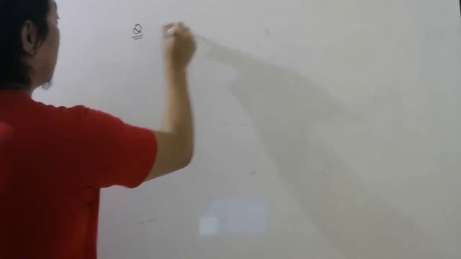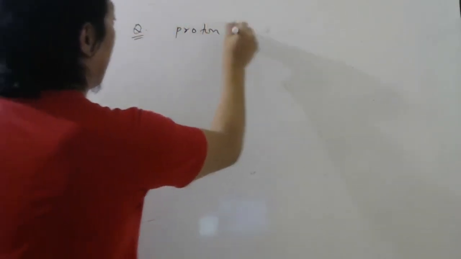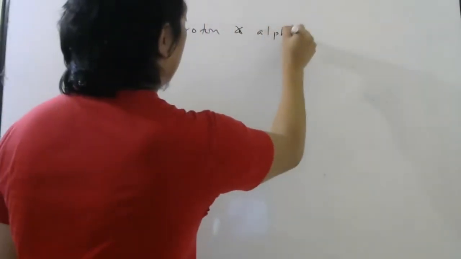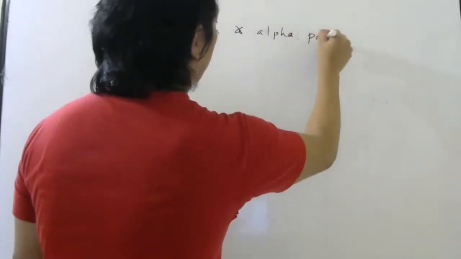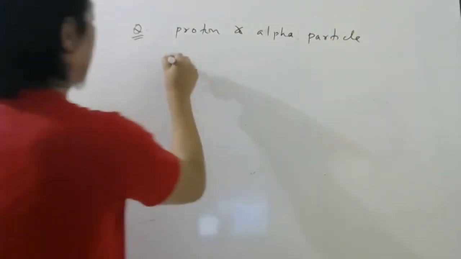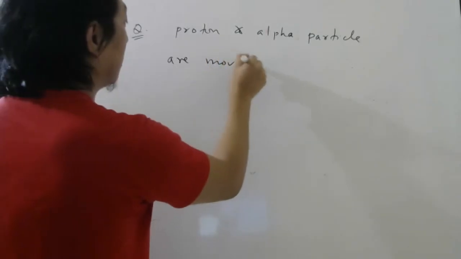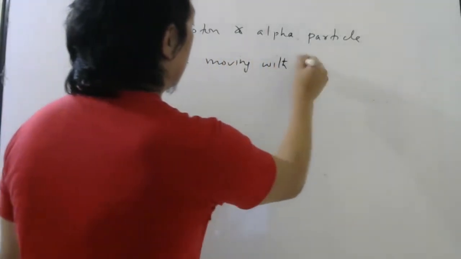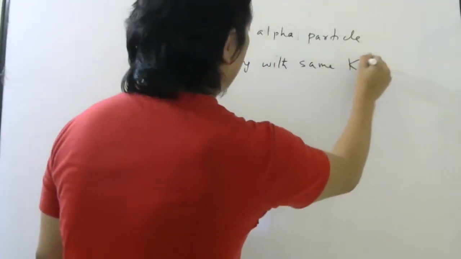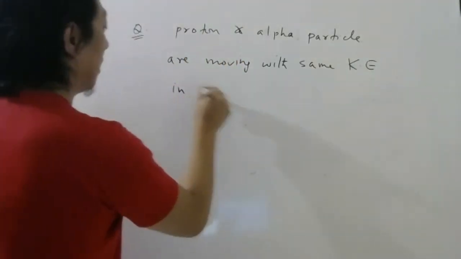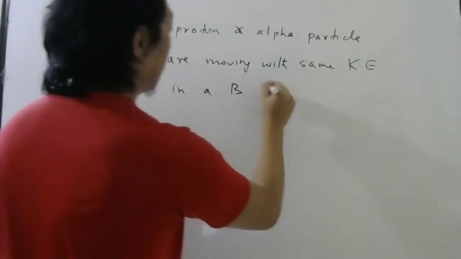Okay, we have less time, so the next topic we will not be able to complete. We will do it tomorrow. One small question you try. Proton and alpha particle are moving with the same kinetic energy in a magnetic field.